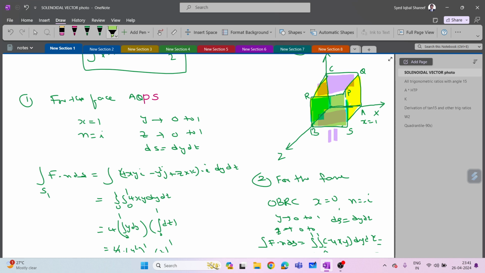For y, n equal to j when y equal to 1, and y equal to 0 on the opposite face, because it is 0 to 1. According to the problem, we have to adjust.